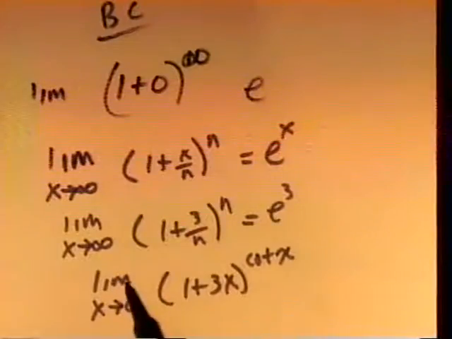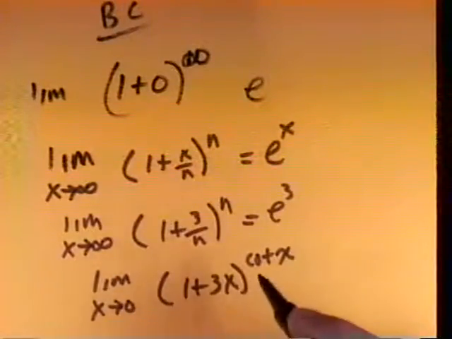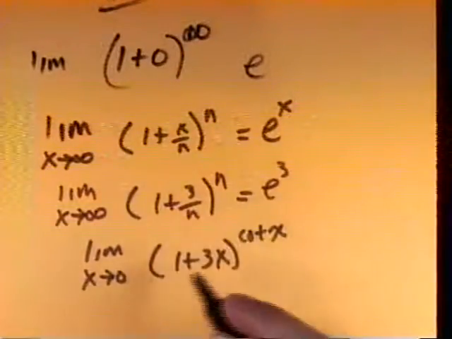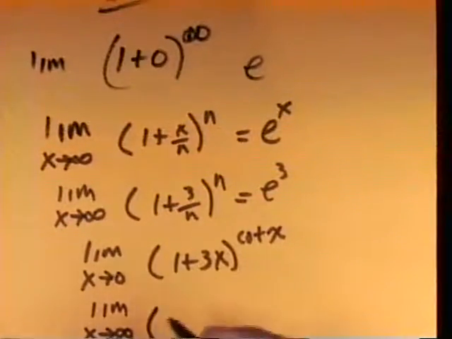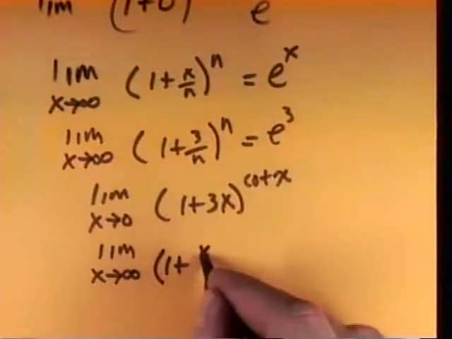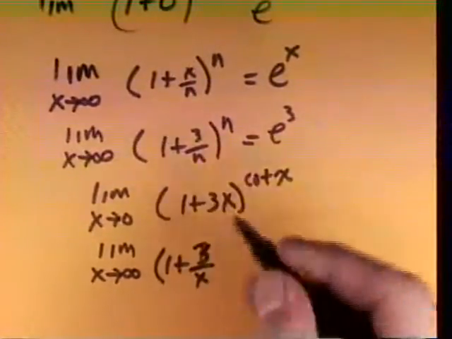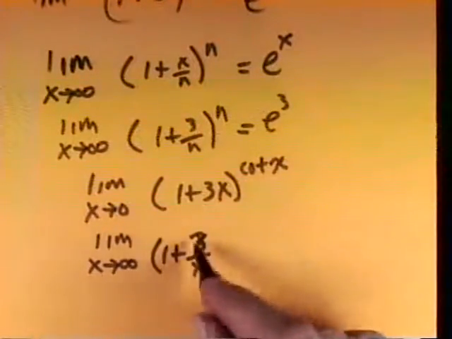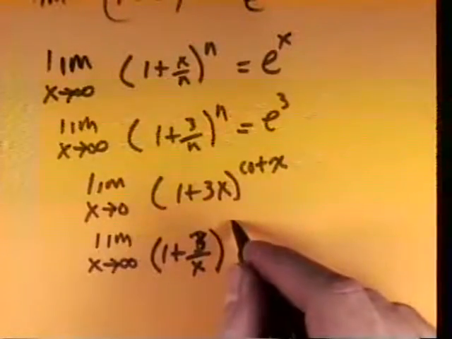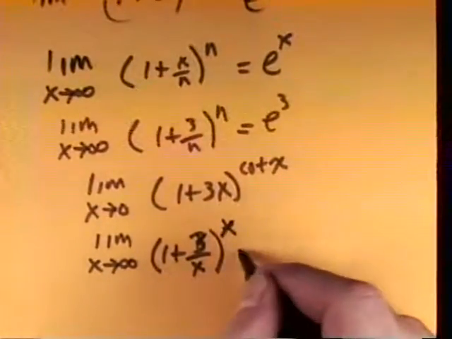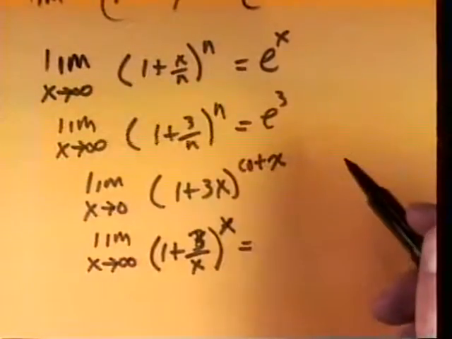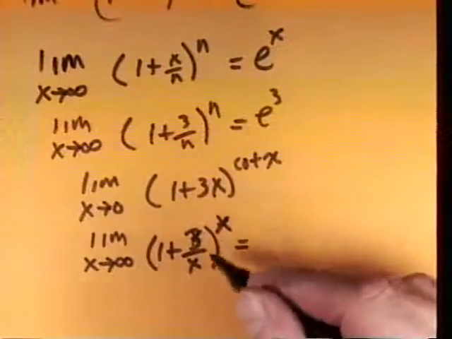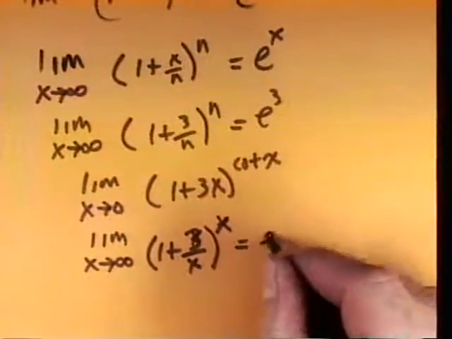From there, you can rewrite this as 1 plus 3 over x, which is still 1 plus 3 over infinity, which is 0, raised to the infinitieth power. Now you have 1 plus 0 to the infinity, and now you have the same thing as e cubed.